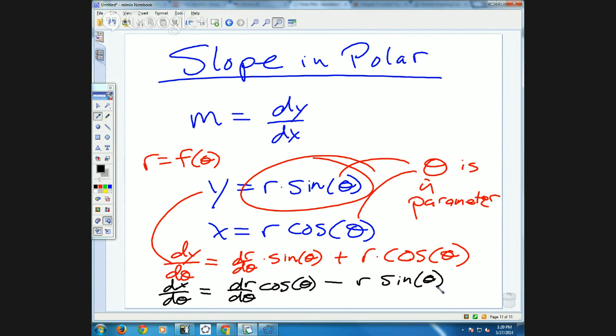And from our work in polar, you may not remember this because you haven't done much homework, most of you, in chapter 11, that dy d theta over dx d theta happens to equal dy dx.